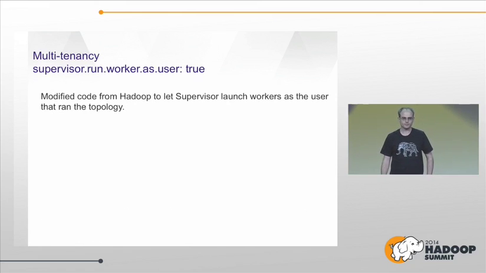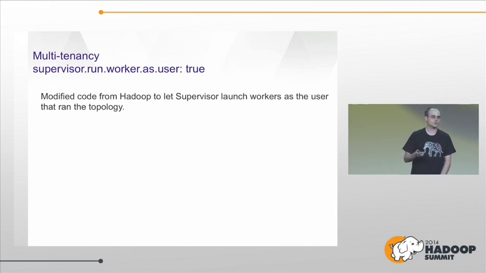Going on to the multi-tenancy piece, Hadoop has this great thing. When you run in secure mode, your processes are running as the user that launched them. In order for us to really have our code be multi-tenant, separate pieces from each other and be secure, we needed to do that too.